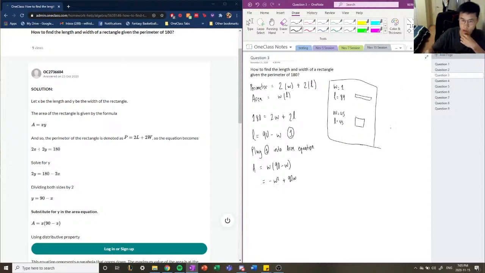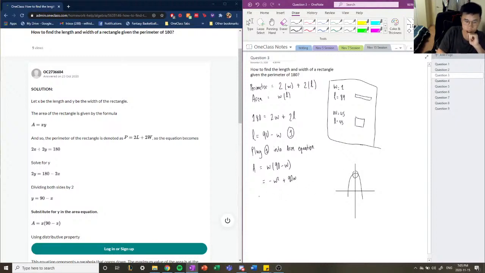If you graph that out here, since the coefficient a is negative, we have a downward facing parabola like this, right? So we now know that the area is related quadratically to the width of the rectangle, and the junior tutor assumed that the rectangle is at its maximal area, which means its vertex.